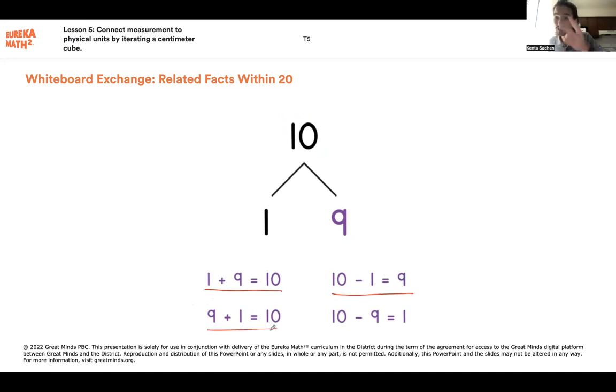We can also switch it around to a little topsy-turvy opposite-y, right? 9 plus 1 equals 10. If we were to do a subtraction, taking away instead, like our disappearing circles, we say 10 minus 9 equals 1. And that's what these number bonds are doing. This 10, we can do 1 plus 9 or 9 plus 1, or do 10 minus 9 to get this 1, or 10 minus 1 to get this 9.